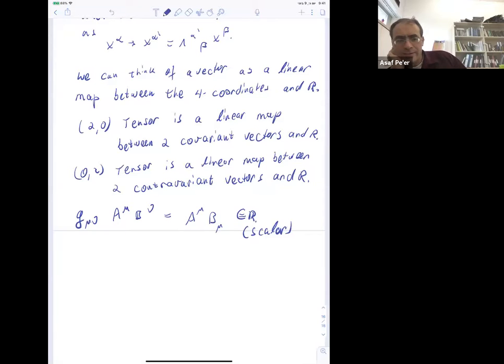And it's also very important in the sense that you think of a vector as an abstract entity which does not care about the observer. The only thing that changes when two observers look at it from different directions is the component of the vector.